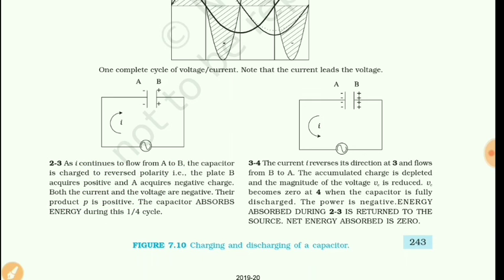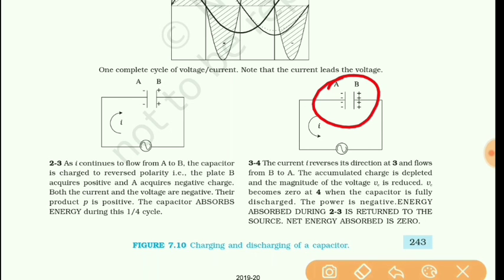It is quite interesting to know how the capacitor behaves when the AC current flows through it, how the process of charging and discharging of a capacitor takes place.